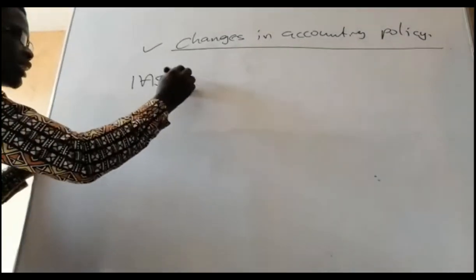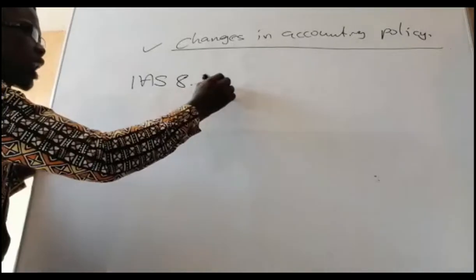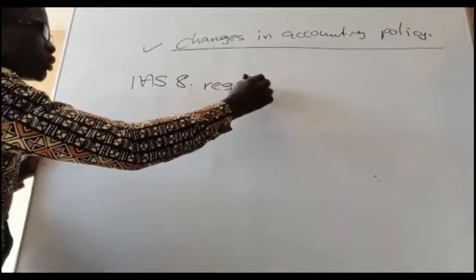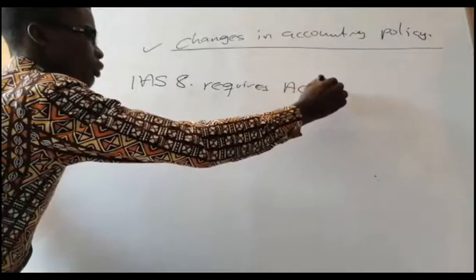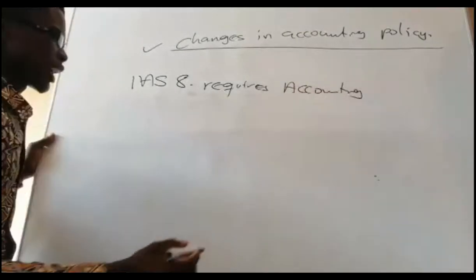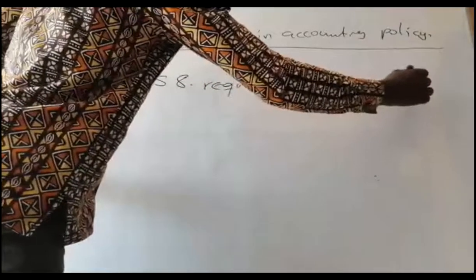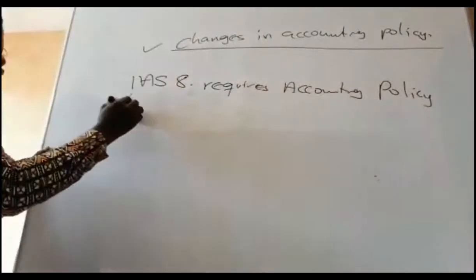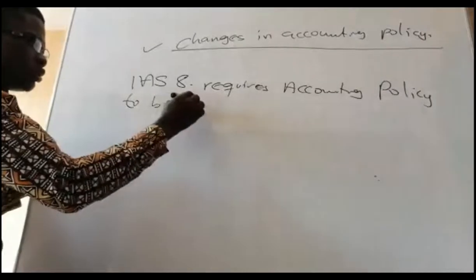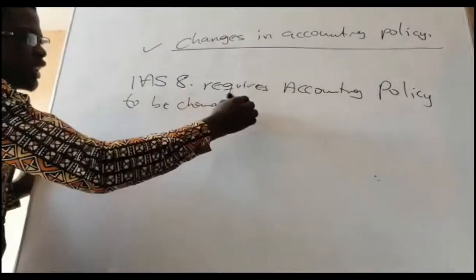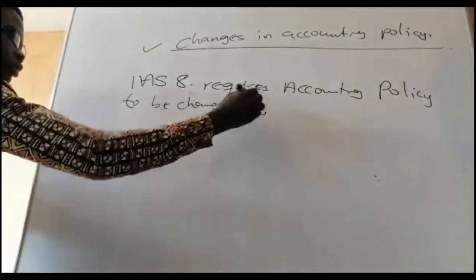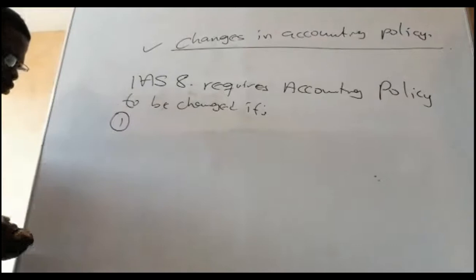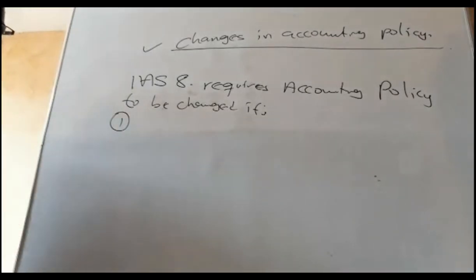IAS 8 requires accounting policy to be changed if, so the conditions are, one, the change is required by what? IFRS.